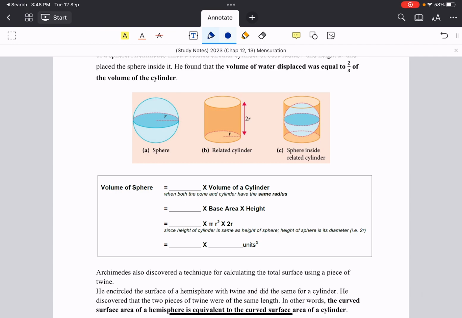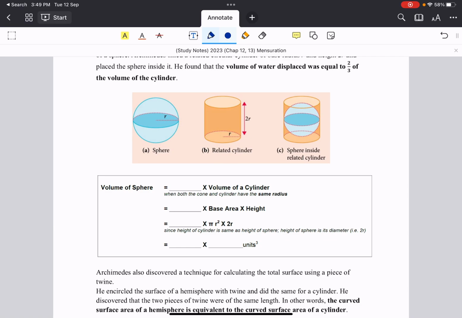If you look at some of the experiments you can find online, you will find that the volume of water displaced when we put a sphere into a cylinder with the same circular base is 2/3.